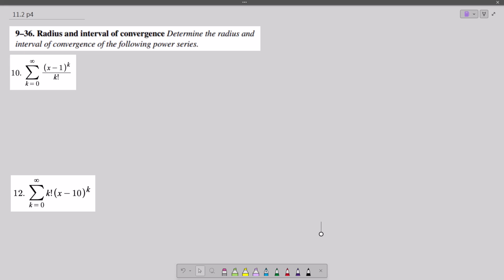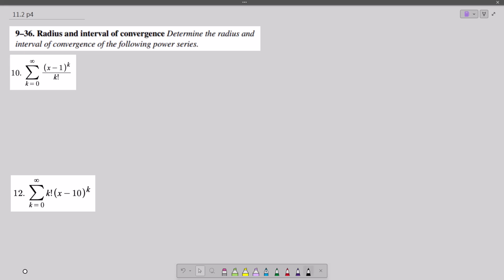In fact, this one, the value is still 0, right? If you plug in 0... oh no, what's 0 factorial? I factorialed wrong. What is 0 factorial? 1. 0 factorial is 1. We'll talk about that later. That's neither here nor there for us.